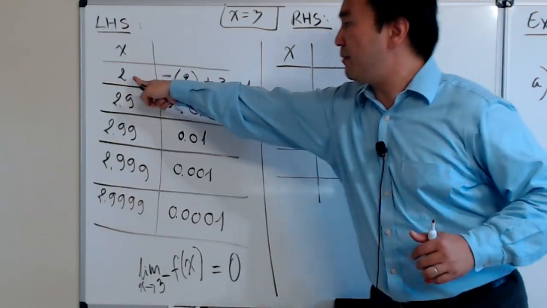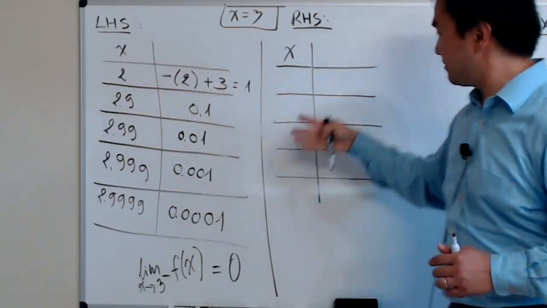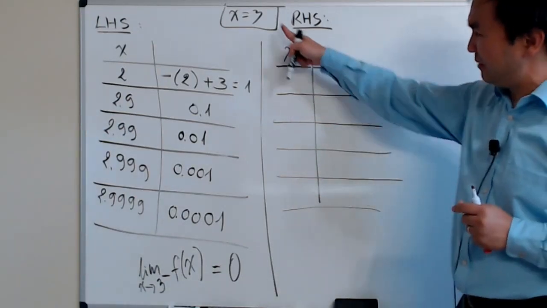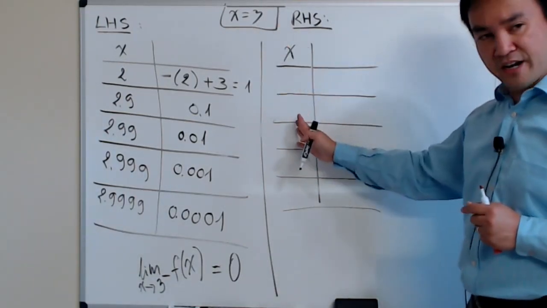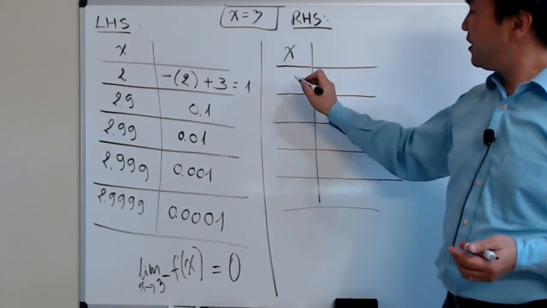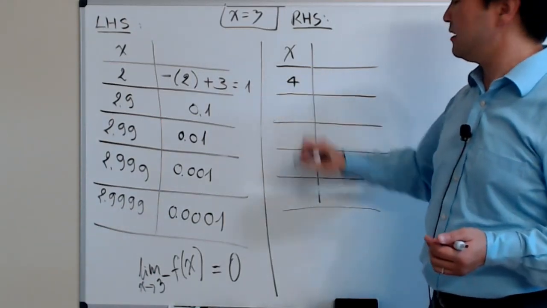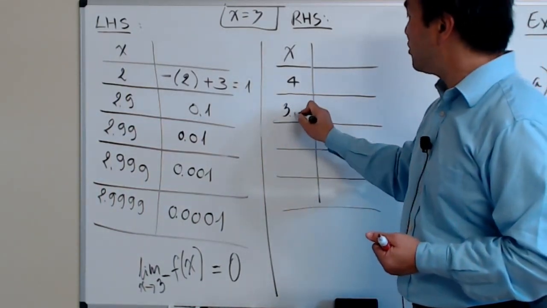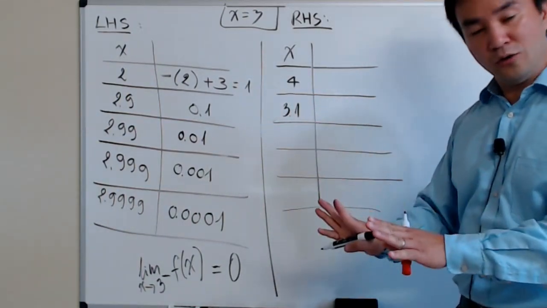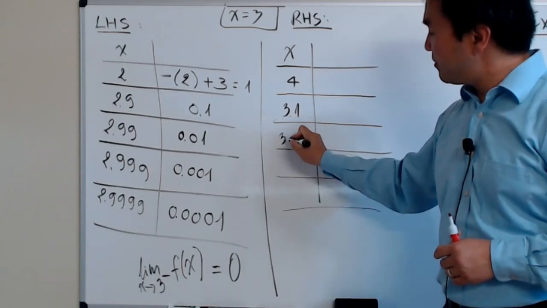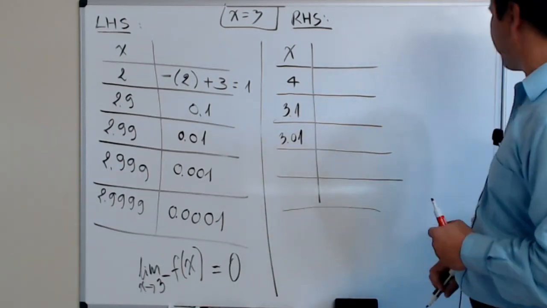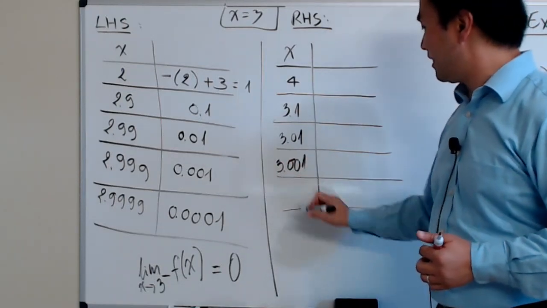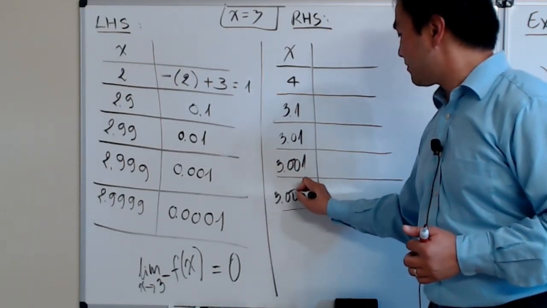Earlier I was coming to 3 from the left-hand side, but now I'm about to let x values come closer to 3 from the right-hand side. So we can choose 4 for a good start, and we can choose 3.1 to be closer to 3, and we can choose 3.01, and we can choose 3.001, and we can choose 3.0001.